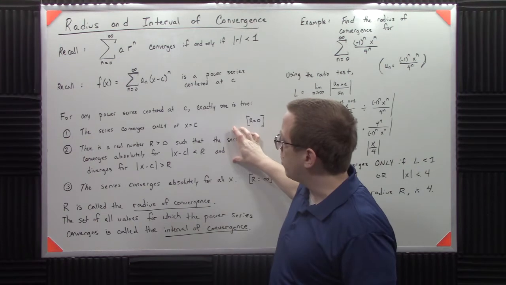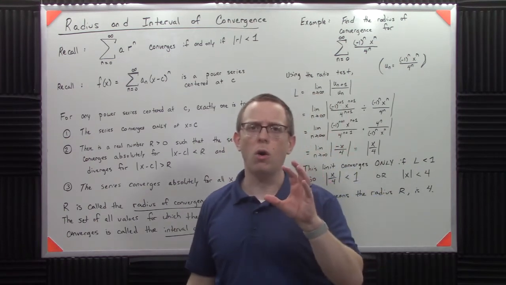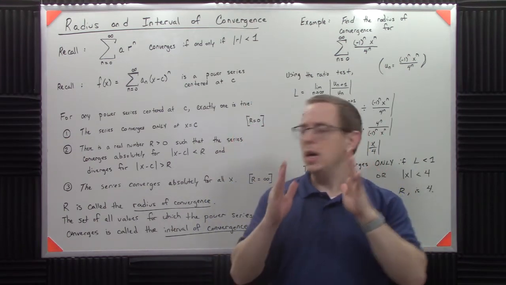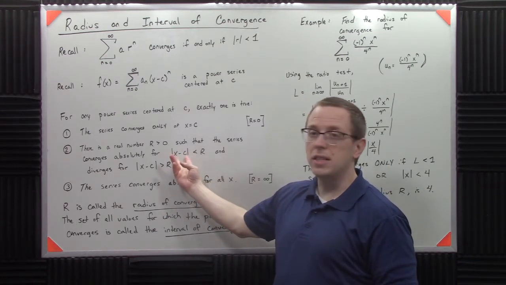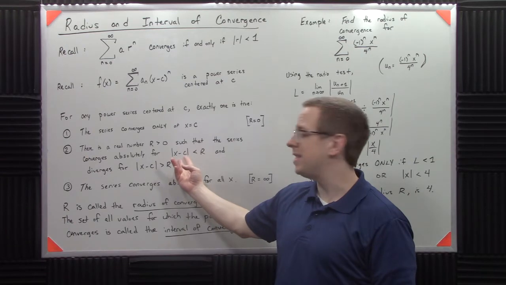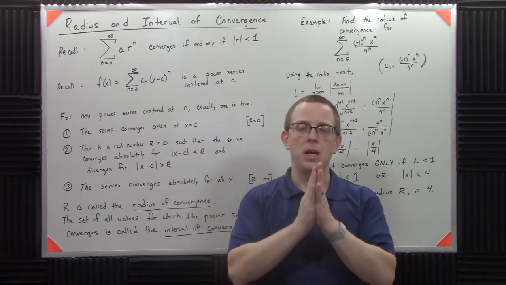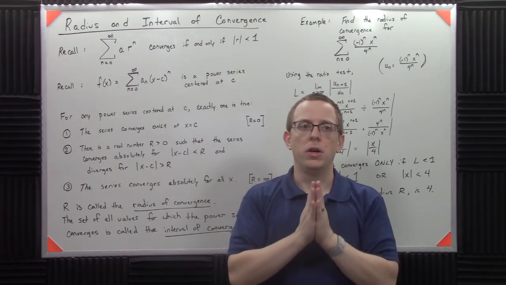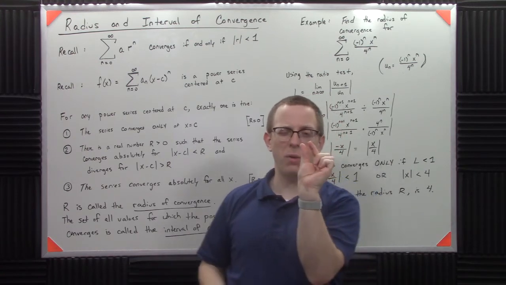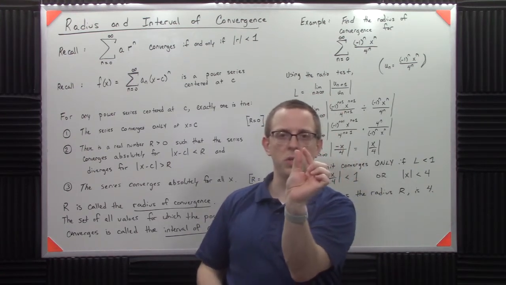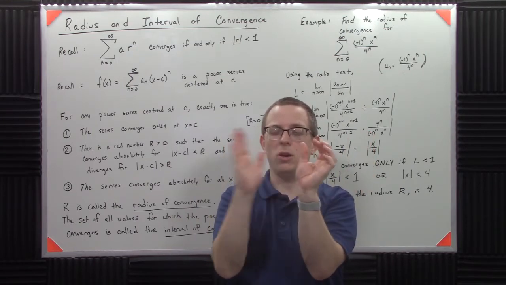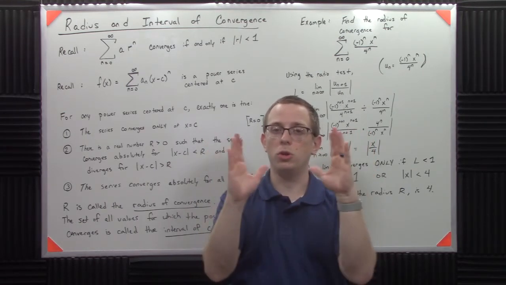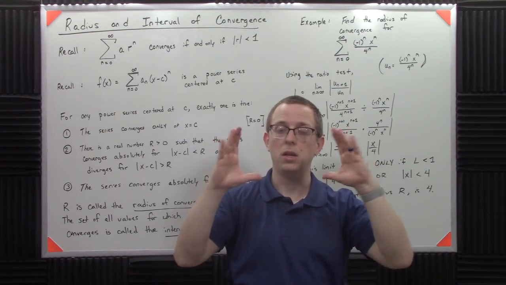The second one is the most useful one, which is that there's some number r that says, if the distance x is from the center C is within r, then it converges. So if there's some center C, then there's a distance you can go to the left and a distance you can go to the right, called r, and as long as you're within that distance, it'll converge.